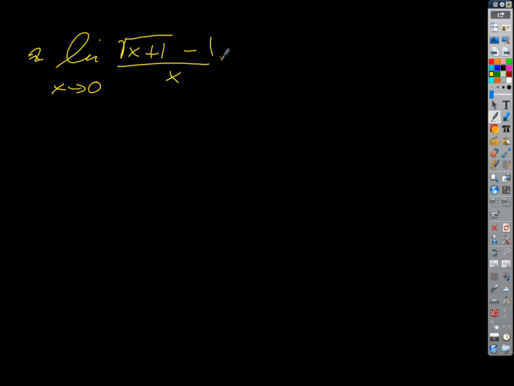Any suggestions? Typically we multiply by 1. There's something I could multiply the top and the bottom by that may introduce another square root, but at least it's going to maybe get rid of the square root that's involved in this 0 value on the top.